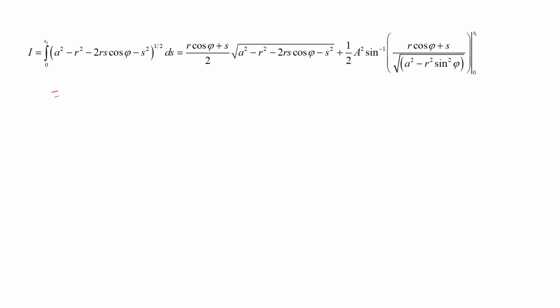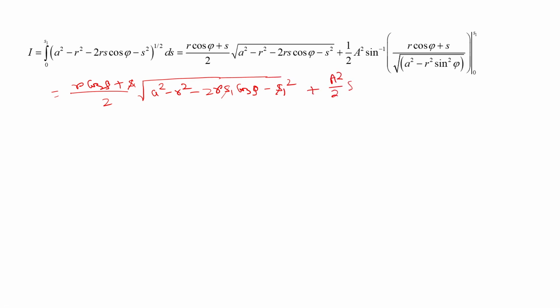If I write the integration limit, it will be r cos phi plus s1 by 2 square root of a square minus r square minus 2 r s1 cos phi minus s1 square, because this is s1 here, plus a square by 2 sin inverse of r cos phi plus s1 over square root of a square minus r square sin square phi.